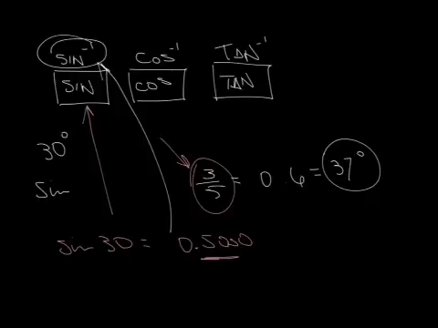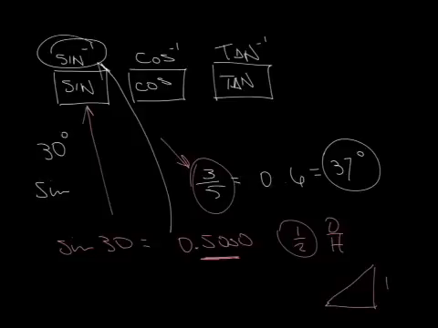So that's the ratio, 0.5, or 1 to 2. That's another way of writing that fraction. Or opposite over hypotenuse. So if I've got a triangle here, that tells me my opposite length here is 1, and this is 2, and this is a 30-degree angle, because I've got opposite over hypotenuse, 1 over 2.